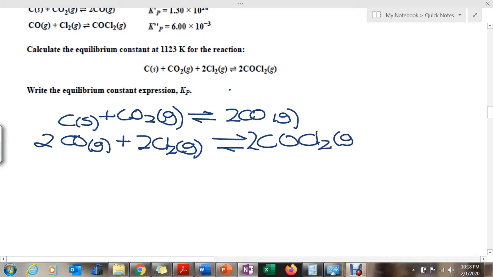So this stays the same. Let's see if we get the equation we wanted. Yes, because CO and CO cancel out.